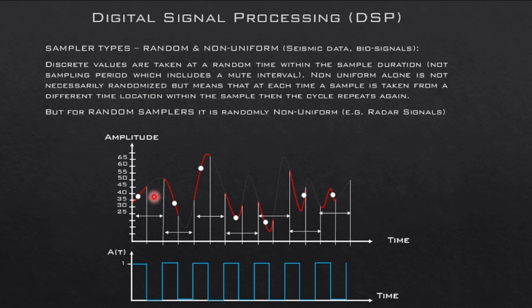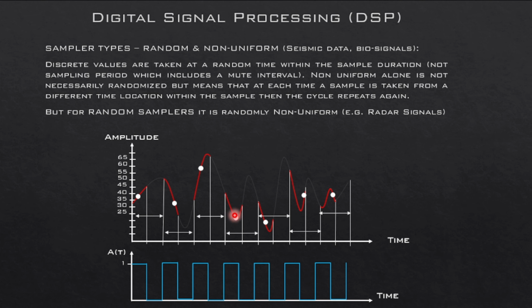And it's not a fixed duration, meaning that unlike the previous slide, where we've taken only the first sample we encountered, which is a fixed extraction of discrete values of the samples, here we are taking the discrete values of the samples from random times, from random locations within the sample's duration here, not the sampling period.